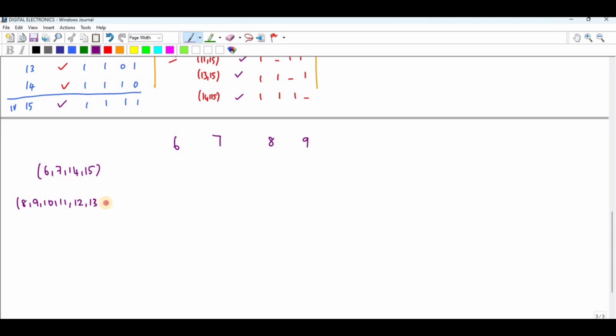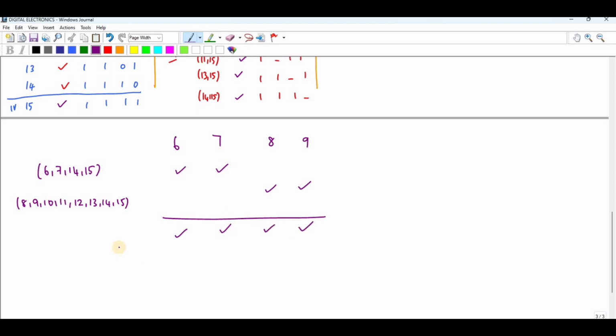So I have to give a tick mark for this one. 6, 7 I am having, then 8, 9 also I am having. So I have to give only one tick mark, because in this row only one tick mark is available, so I have given a tick mark.